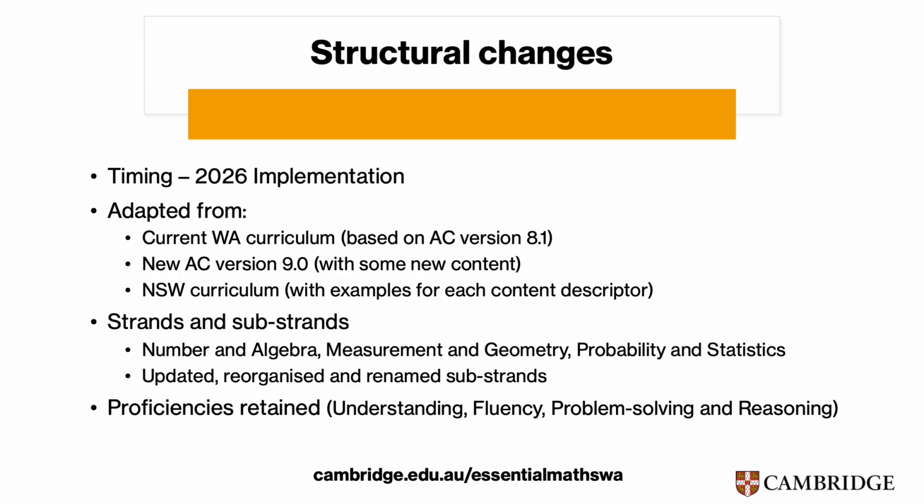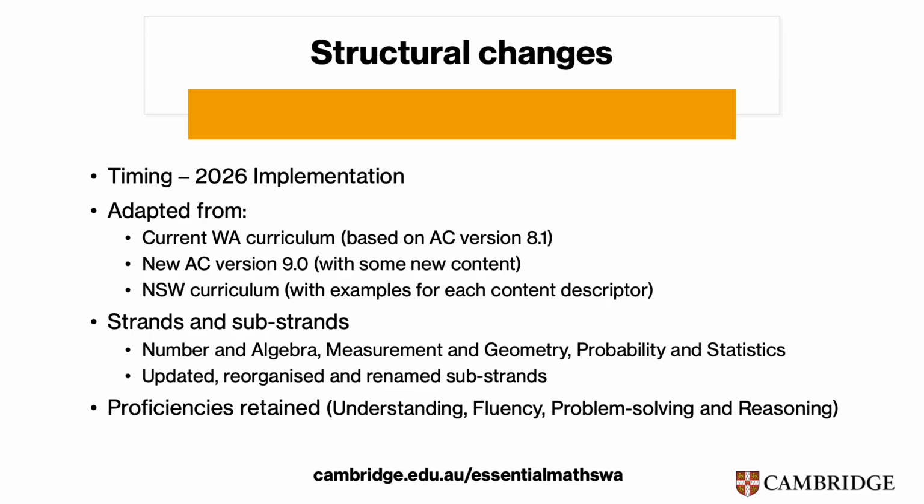And we know that New South Wales curriculum, with all their examples and so on, were considered as well as part of the curriculum here. The strands and substrands have been retained. So the 3 major strands have been retained, unlike the Australian curriculum, which split them into 6.